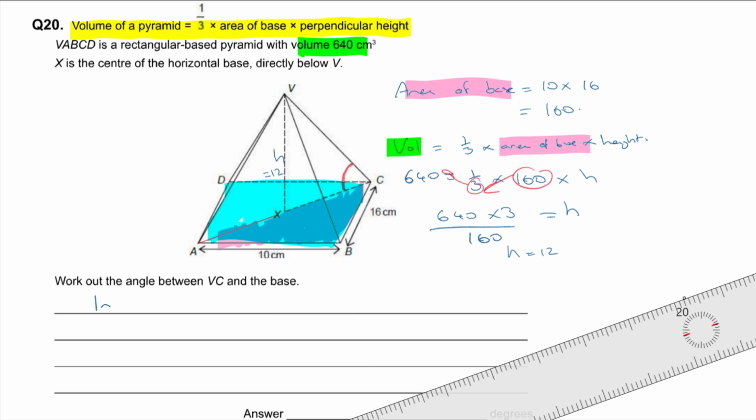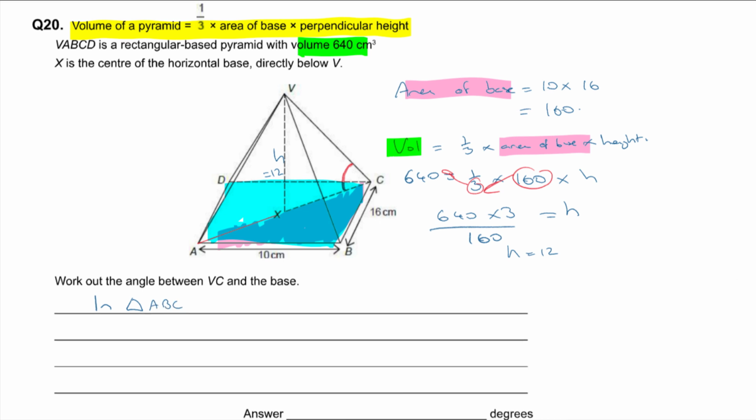So in triangle ABC, we're using Pythagoras theorem. We're going to be using c squared equals a squared plus b squared. So that's AC squared, isn't it? So AC squared is equal to 10 squared plus 16 squared.